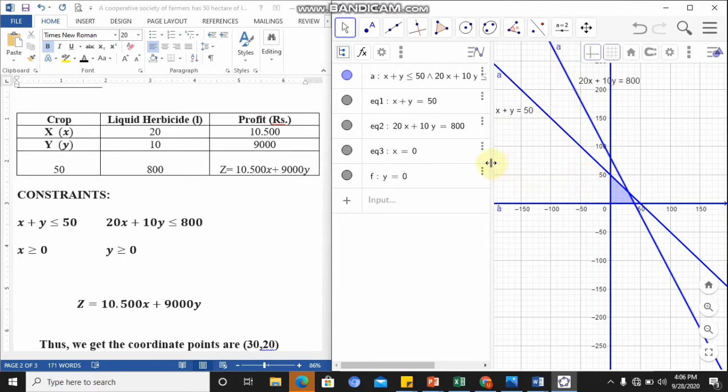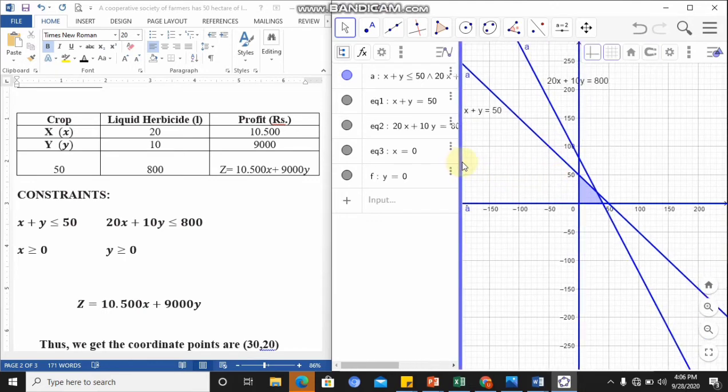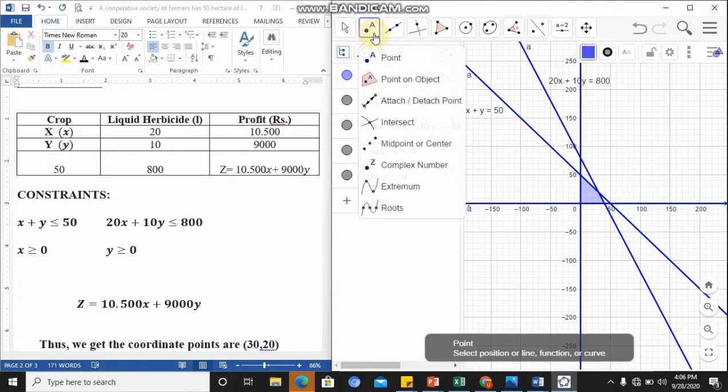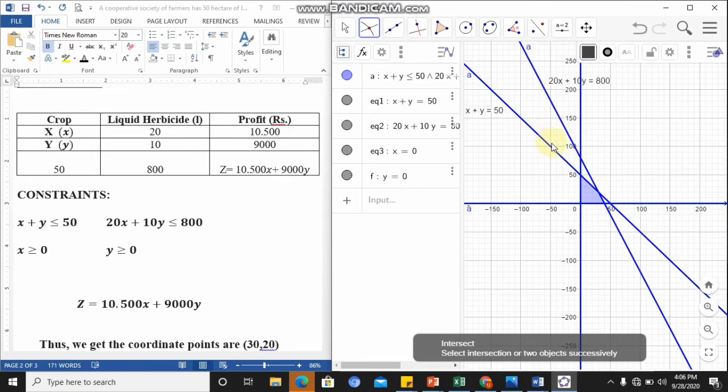After that, we must find the corner points of this area. So we can click this tool, intersect, and choose this graph.